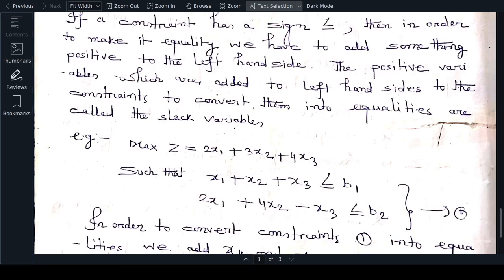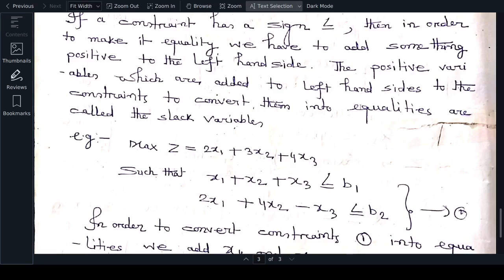So here you see one example I have given: max z equal to twice x1 plus 3x2 plus 4x3, such that x1 plus x2 plus x3 less than or equal to b1, twice x1 plus 4x2 minus x3 less than or equal to b2.